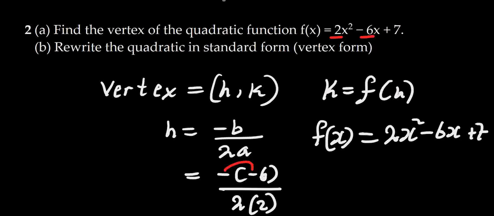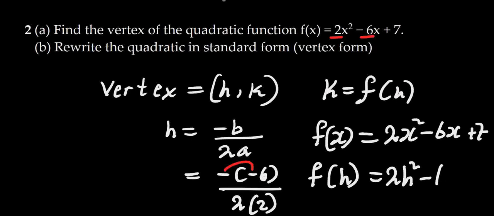So if we substitute h for x, this will become f of h is equal to 2h squared negative 6h plus 7.